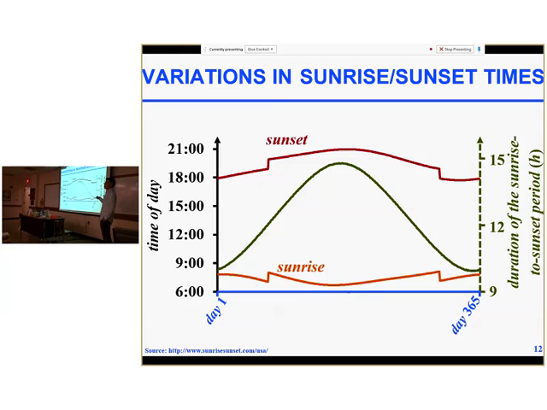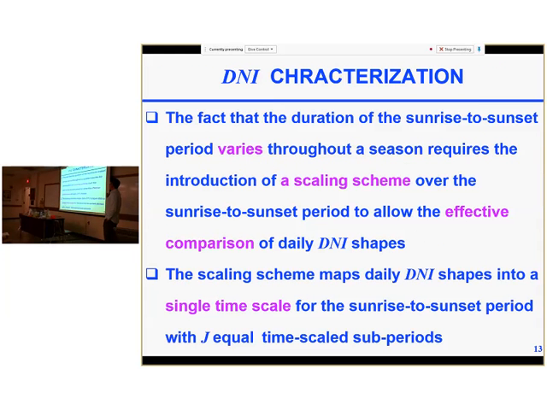So in order to have a meaningful analysis of the solar energy we have every day, we introduce a scaling scheme to map the actual daily shapes into a common time scale for all the sunrise to sunset periods.